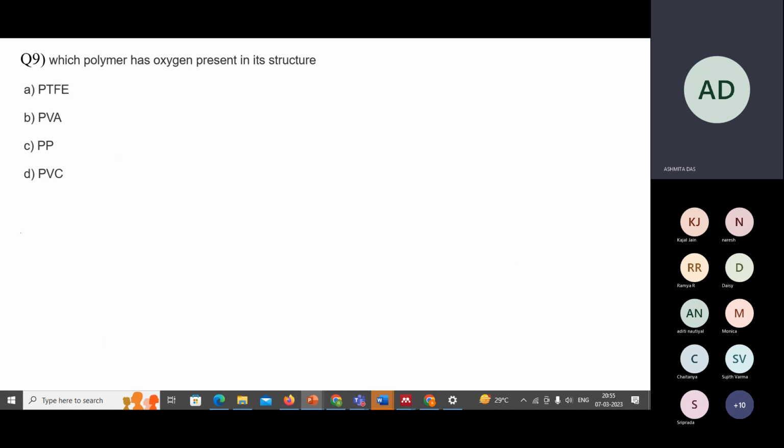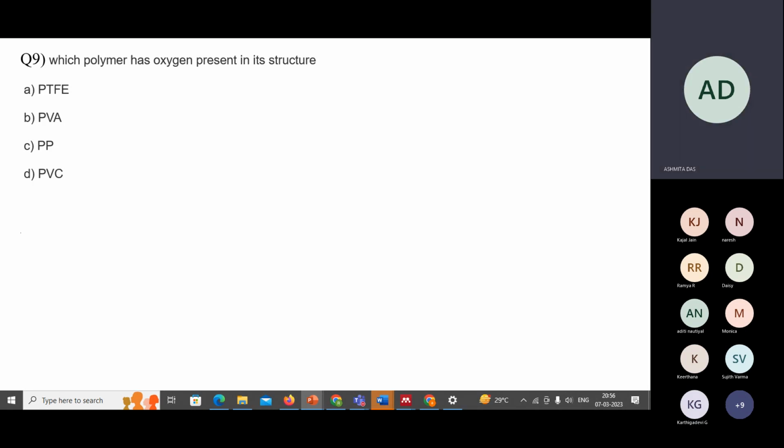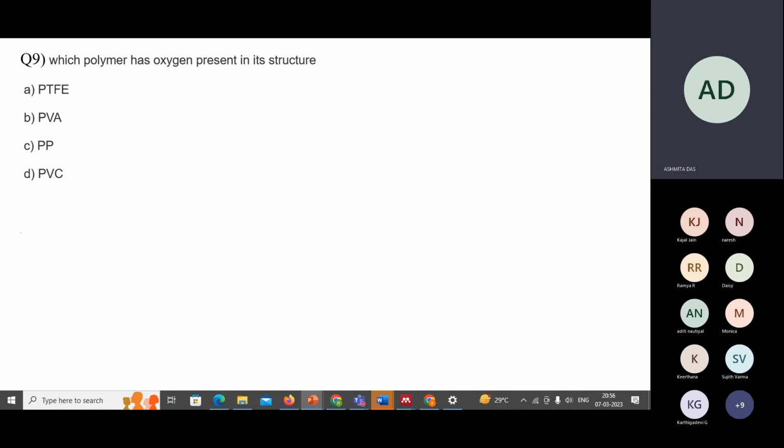Which polymer has oxygen present in its structure? Polyvinyl acetate. PVA. Okay, can you tell me the full form of PTFE?